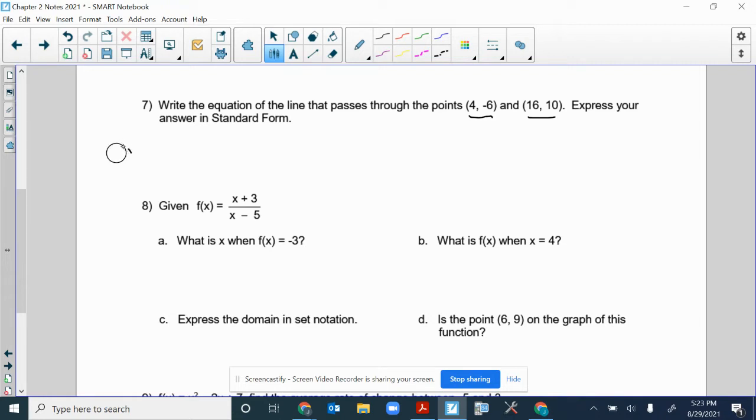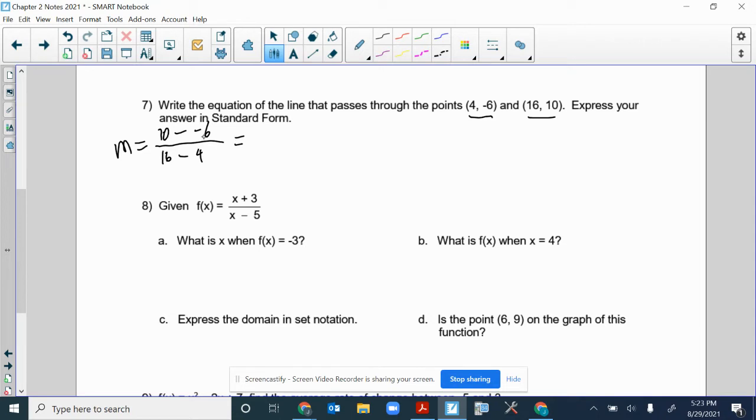So I'm going to say m equals y2 minus y1, so 10 minus -6, over x2 minus x1, so 16 minus 4.